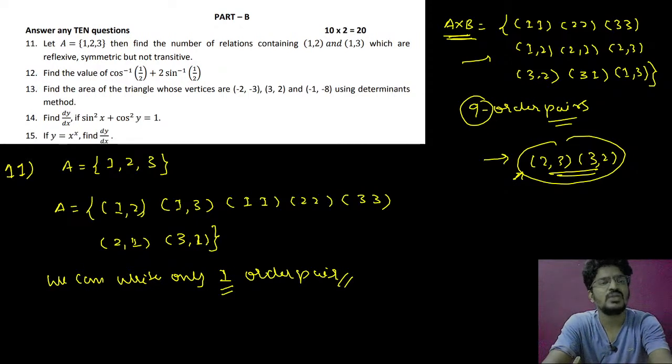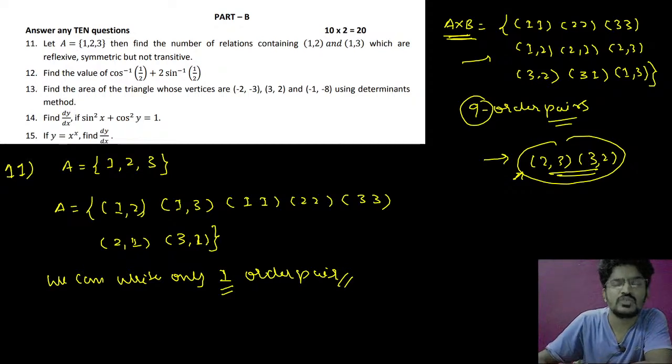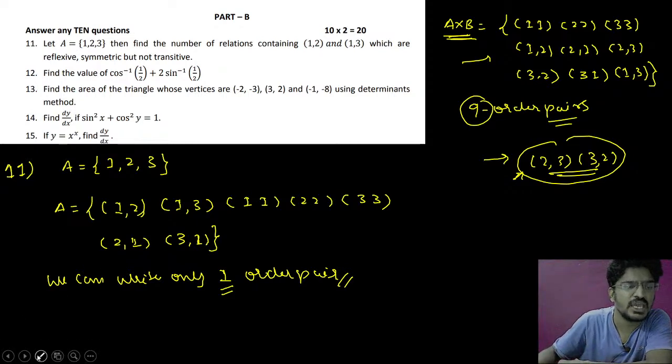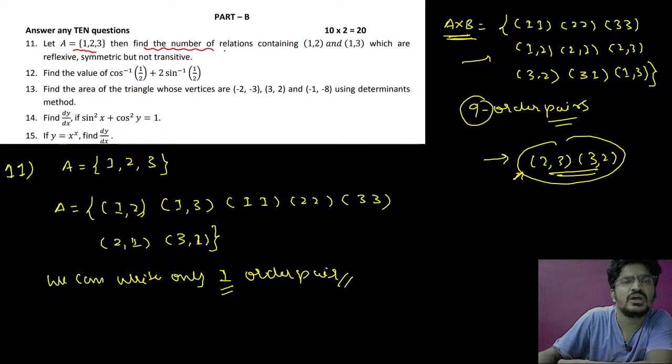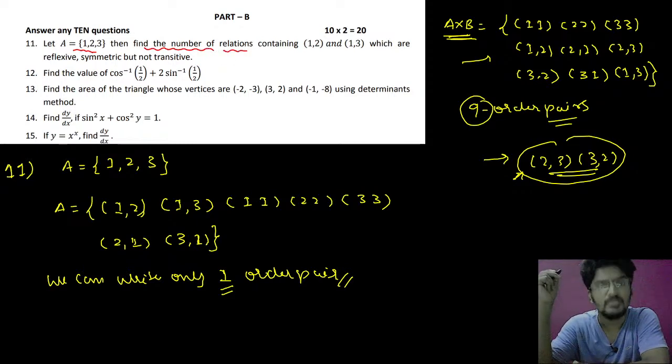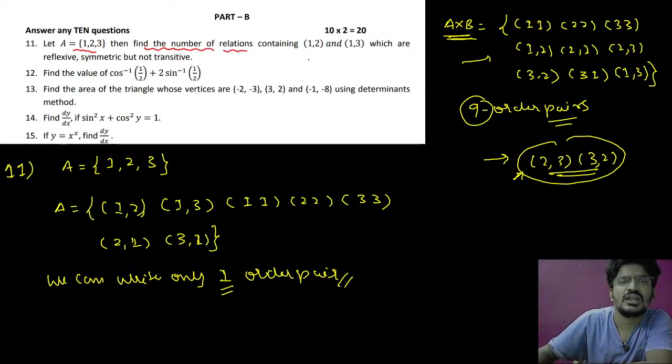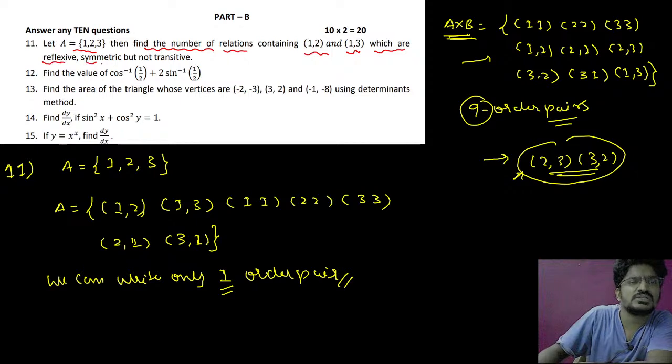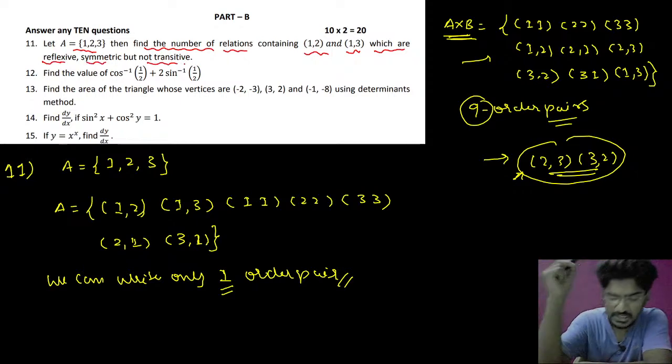No problem, I will clarify this doubt and then go for part C. In the part B 11th question, you just see what they are asking. Let A be the set {1, 2, 3}. Then find the number of relations containing (1,2) and (1,3) which are reflexive, symmetric but not transitive.